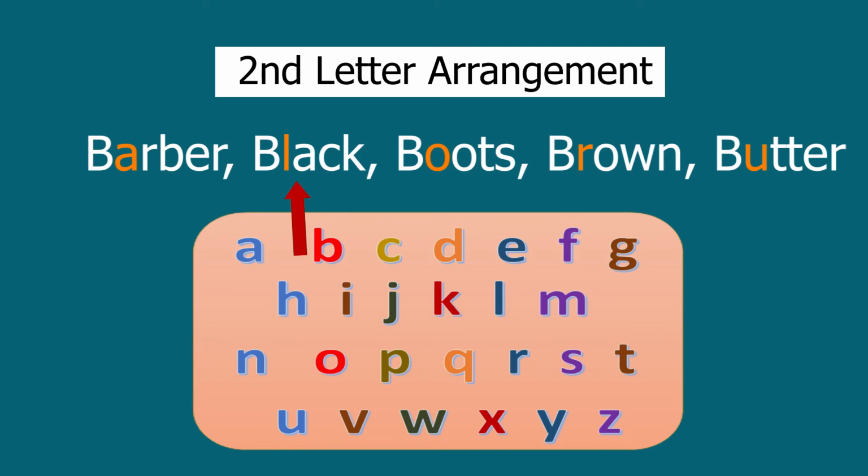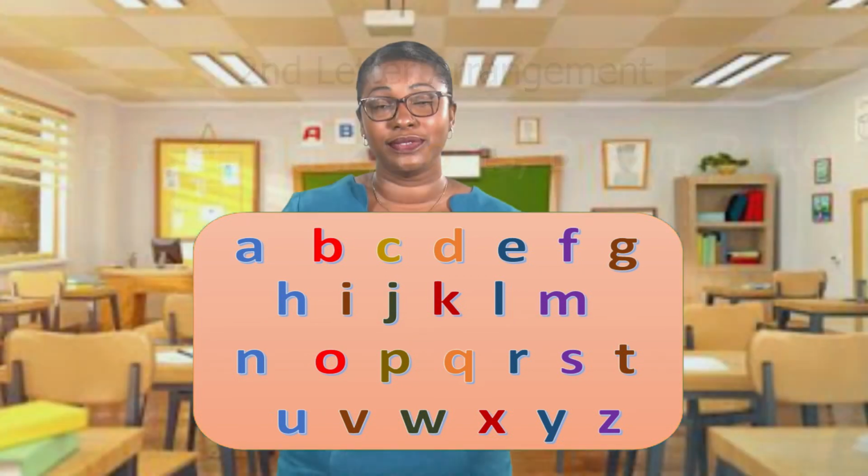We then have black, which is spelled with L. We have boots, then brown, and finally butter. Let's look at the arrangement of these words again. Barber, black, boots, brown, and butter. Now that was fun, don't you agree?